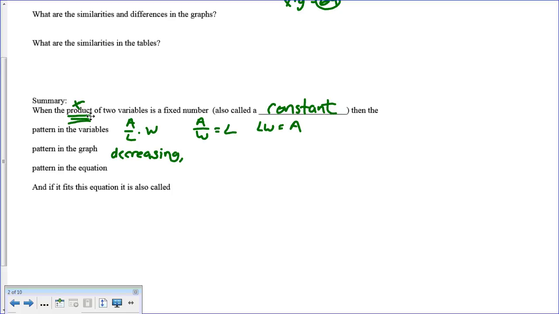No, so this is a nonlinear curve. Nonlinear means it's not straight, right? So this is a nonlinear curve. And then Jamie said one, as length increased, width decreased.